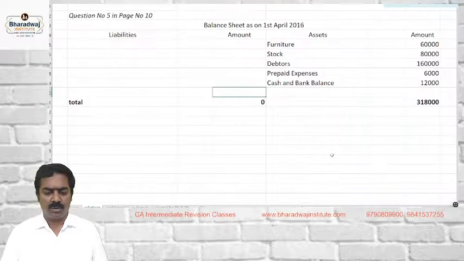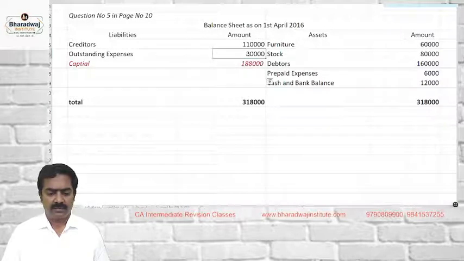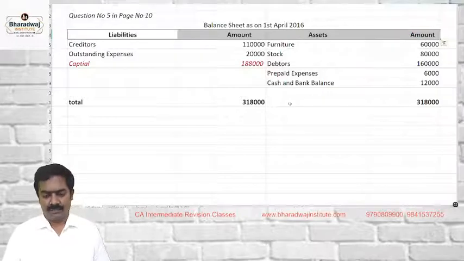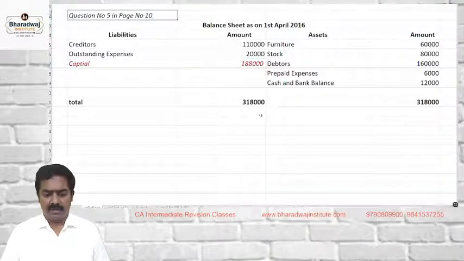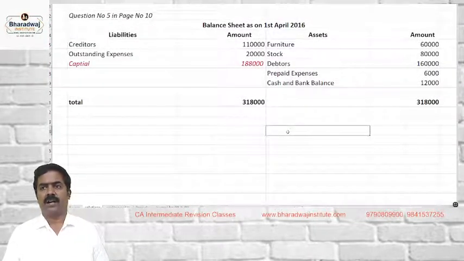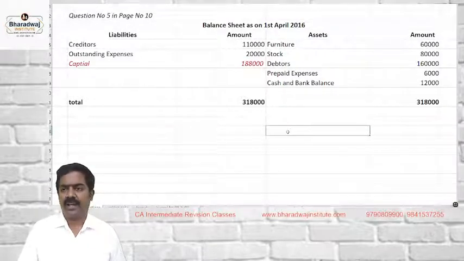One of the most simple and plain problem also. Just record the assets and liabilities. You get balance at the beginning of the period, 1,88,000.